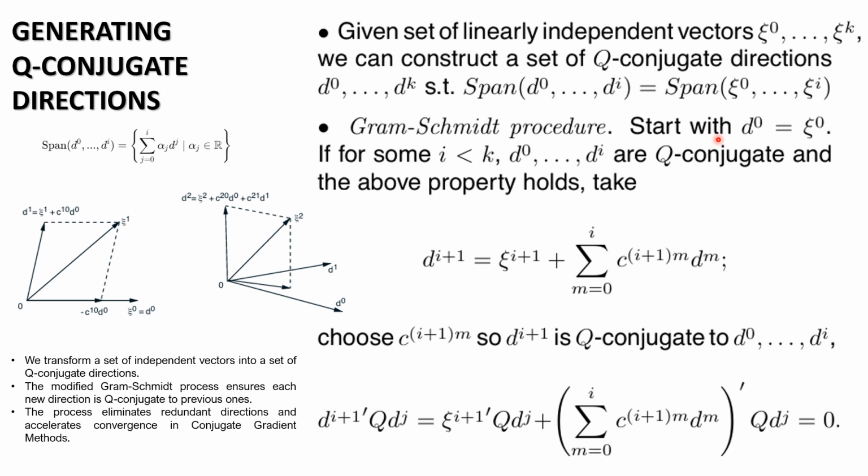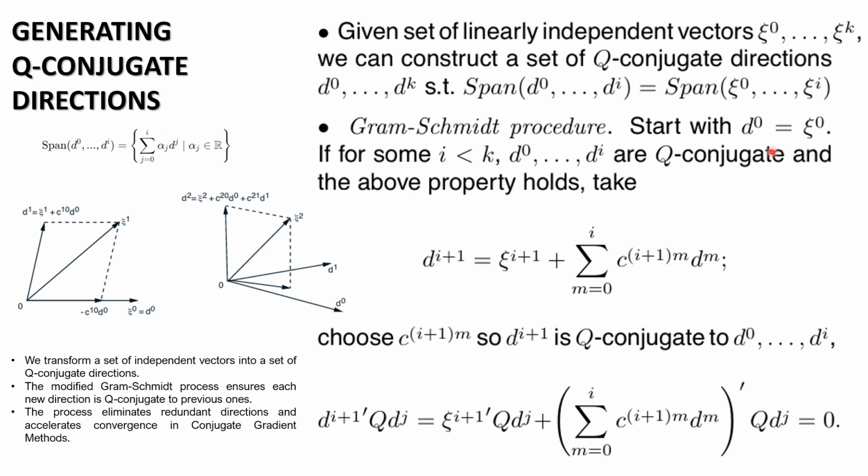We start the Gram-Schmidt procedure. We initialize our first search direction as d0 equal to xi0. Since this is the first direction, it does not need any modification.